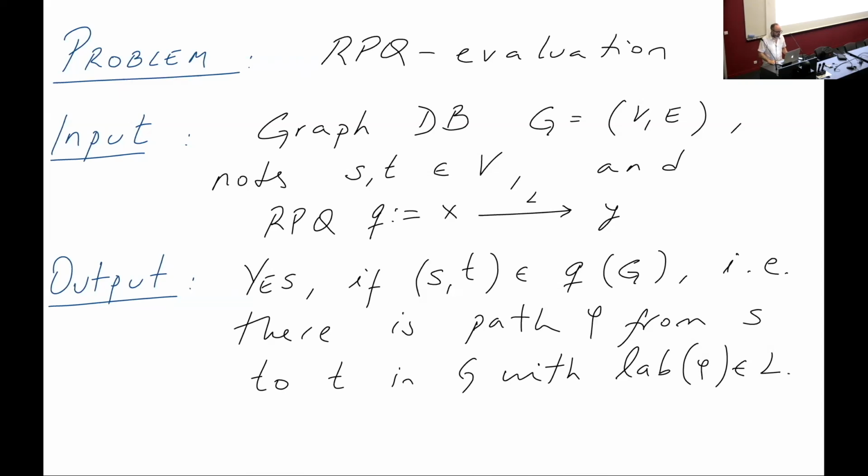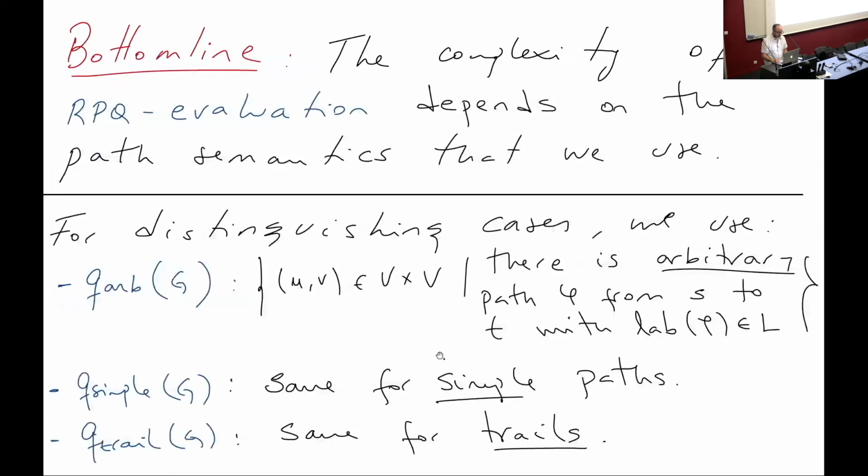What is RPQ evaluation then? You have a graph database G. We have two nodes, S and T, and we want to know whether they belong to the output of this query. That is, we want to know whether there exists a certain kind of path that goes from S to T that is labeled L. The bottom line of what I will present next is that the complexity of RPQ evaluation depends very much on the path semantics that you are using.